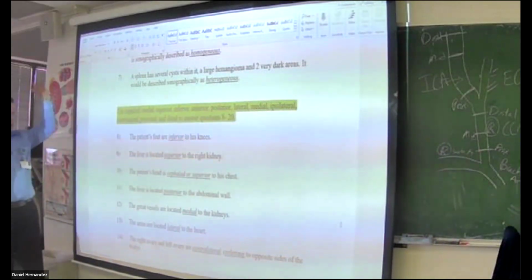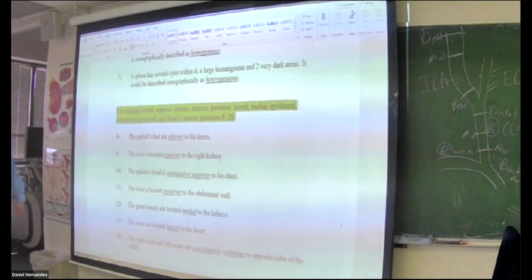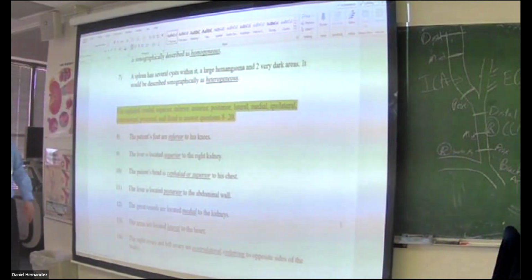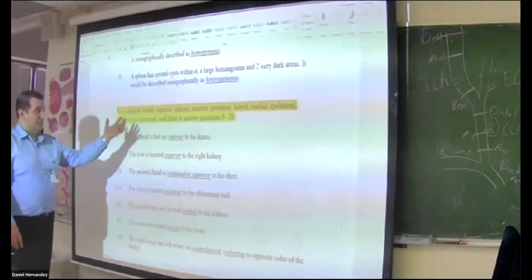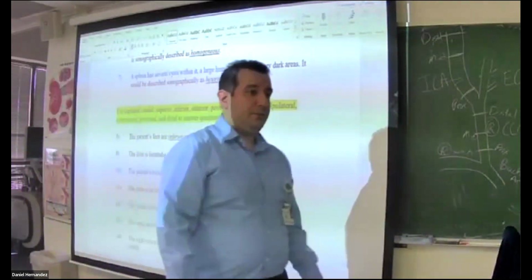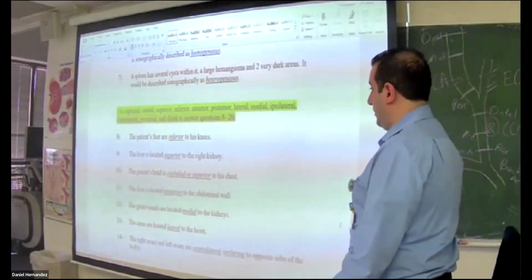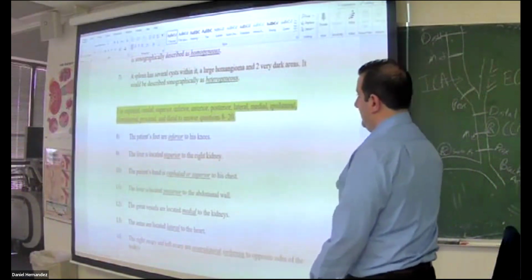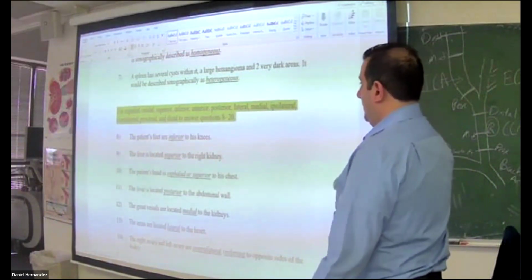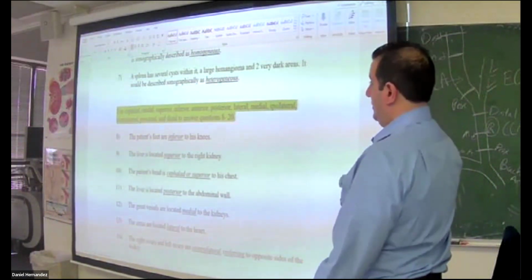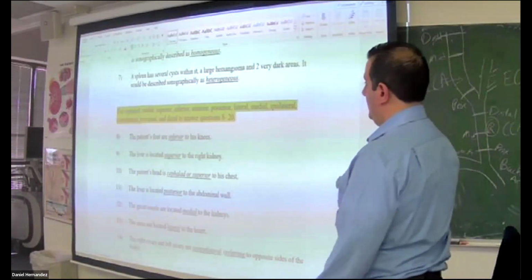Cephalid means up towards the head, caudal is towards the feet. Superior and inferior can also be used interchangeably with cranial and caudal. So there could be multiple answers. A patient's feet are inferior to his knees. Can we say distal? You could say distal, the patient's feet are distal to his knees.